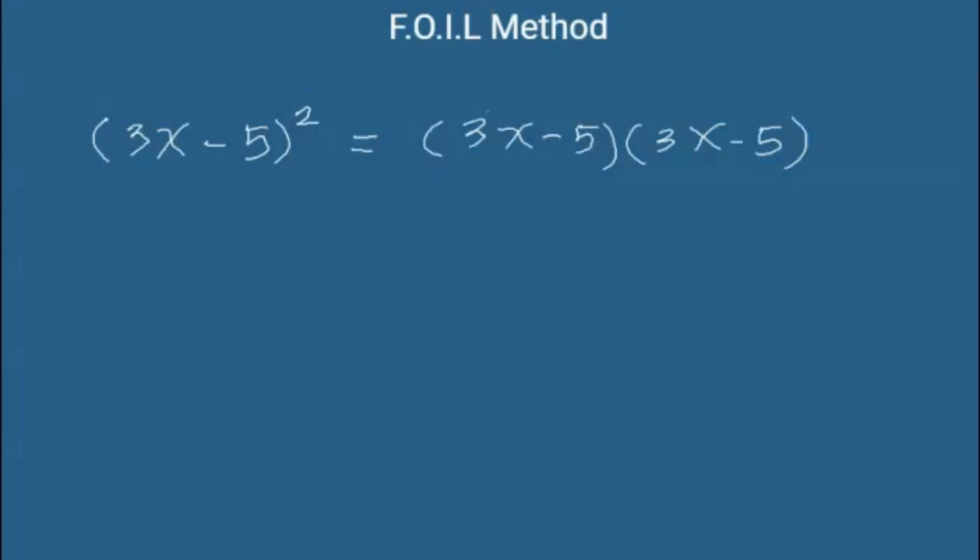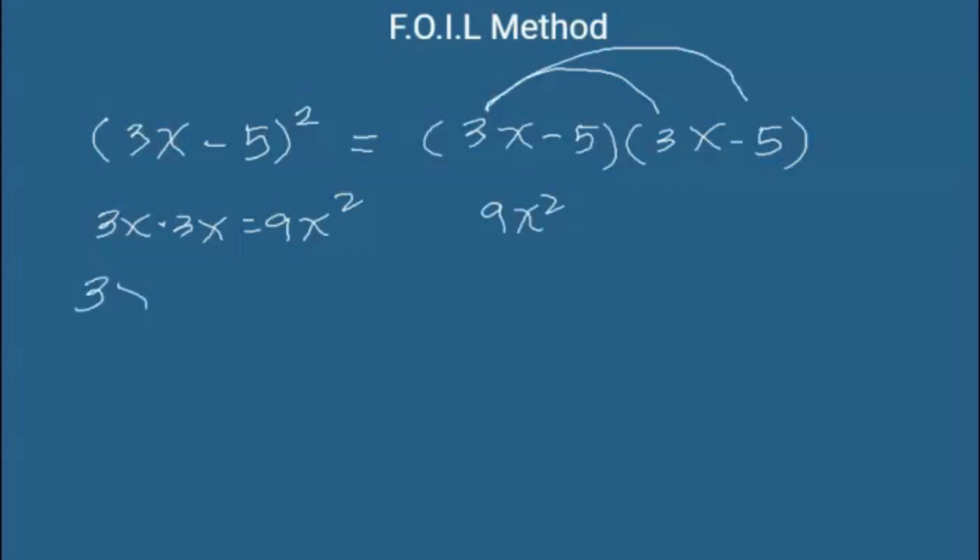We'll start with the first terms, 3x times 3x, which is 9x squared. Then 3x times negative 5 is negative 15x. Then the inner terms: negative 5 times 3x is negative 15x.